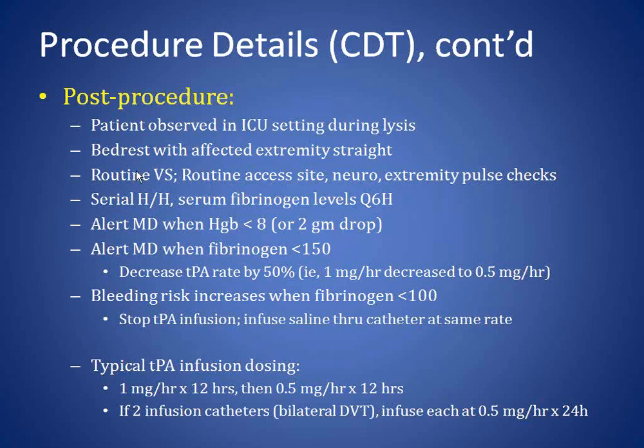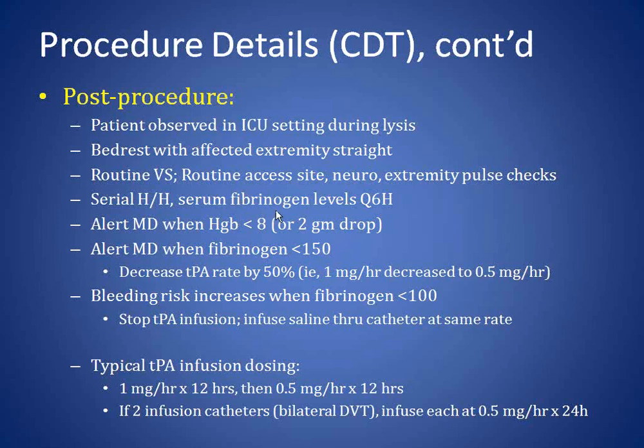They're usually on bed rest, vital signs routine, whatever the ICU routine is. At the same time, check the access site, do a neuro check, check the pulses, make sure that everything is okay. We draw serial hemoglobin and hematocrit levels basically every 6 hours, along with serum fibrinogen levels. The reason is, as the TPA breaks down the clot, the only way to measure the activity is through the fibrinogen.